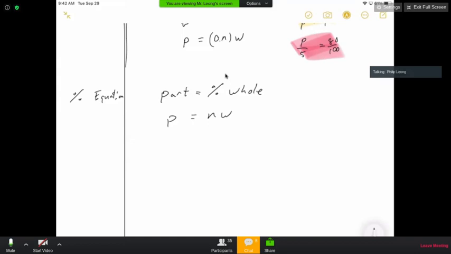Okay. All right. So let's start with an example here. What if you were missing the part? And the question is, what is 6% of 200?